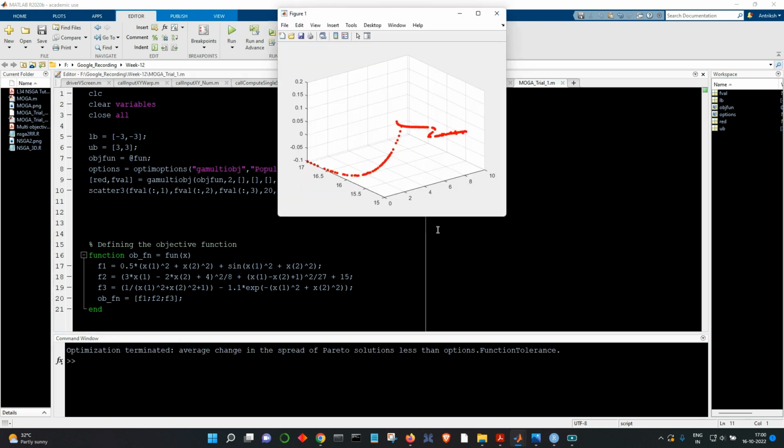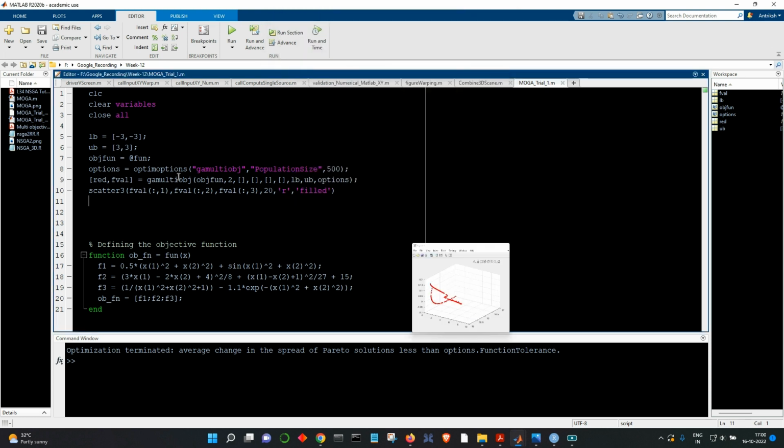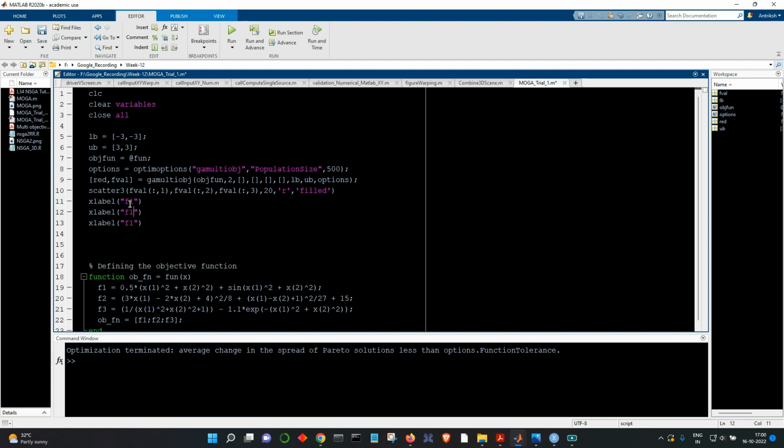We have a Pareto front, and it is very nice in MATLAB that we can rotate it also, and you can also give X label, that is F1, and Y label and Z label, F2 and F3, so that you know which axis corresponds to which.